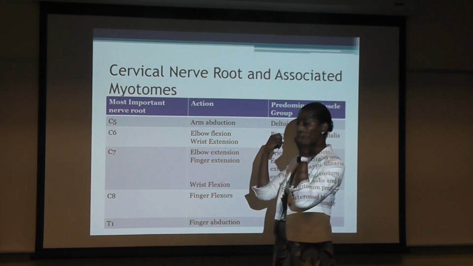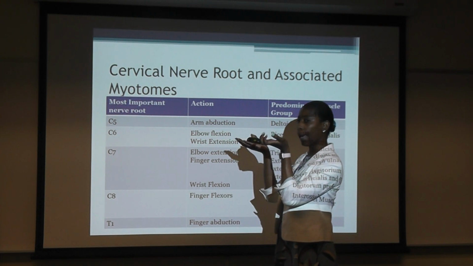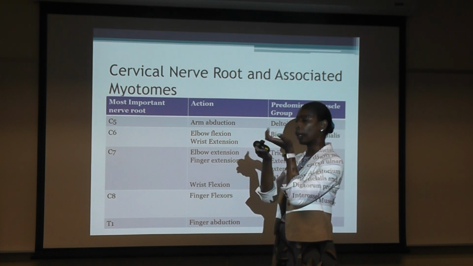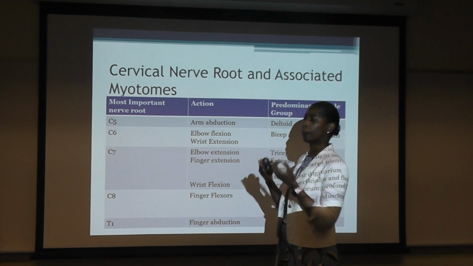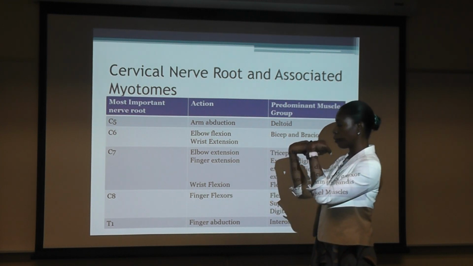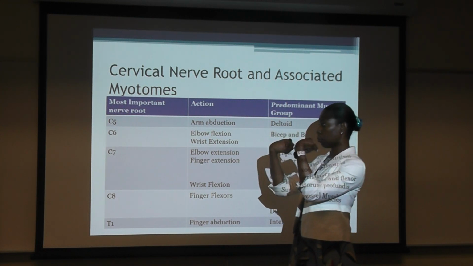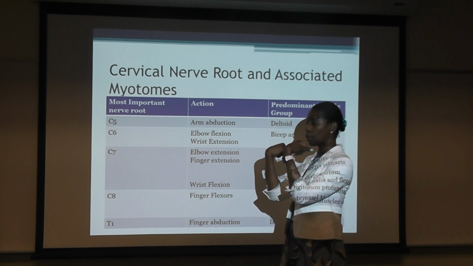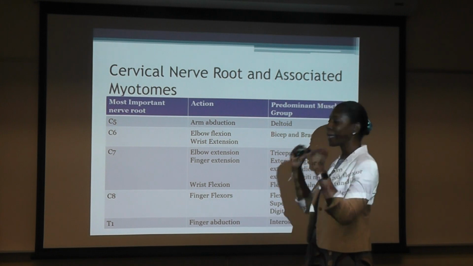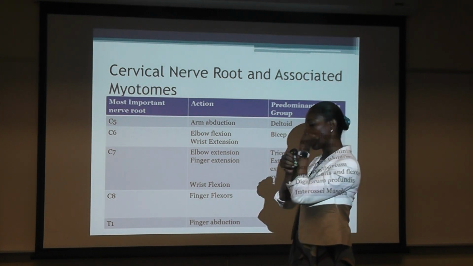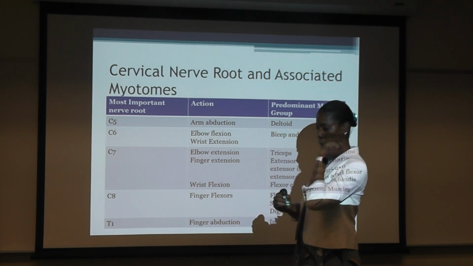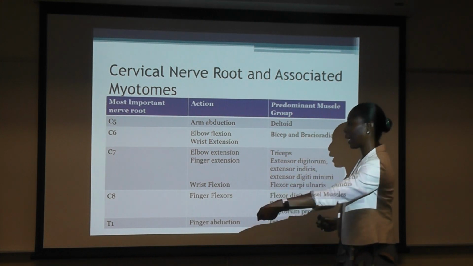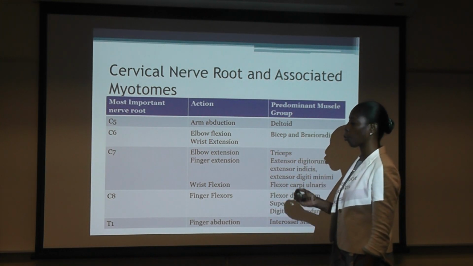Wrist extension, I forgot about that. If I pull my hands this way, don't let me pull them up, okay? Wrist flexion is this way, okay? So wrist extension, C6, wrist flexion, C7, okay? Elbow extension, the tricep, I should be able to push down, okay? Should be able to push down, okay? And that's your tricep strength.